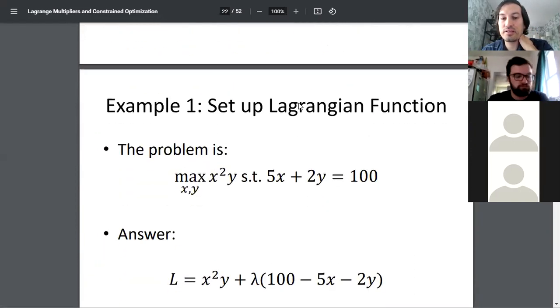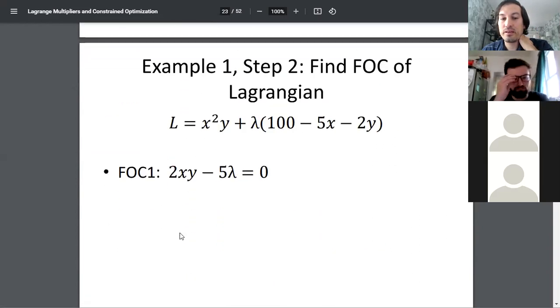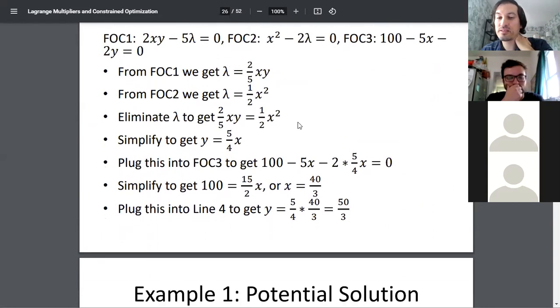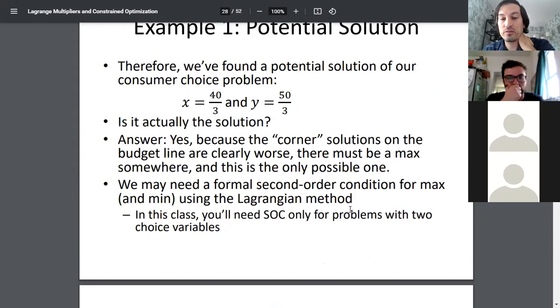We got this Lagrangian, did the first order conditions, and got the answer 40/3 and 50/3. What I'd like to do now is go back and verify that that's indeed a maximum using the second order condition that we have.